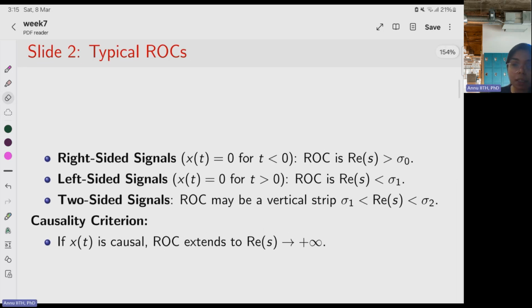Please remember the typical ROC definitions, because questions can be asked directly.